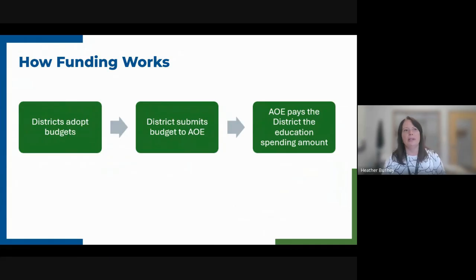So whatever you can get your voters to approve is essentially what you are going to get from the Ed Fund. Does that make sense to everyone? Okay.